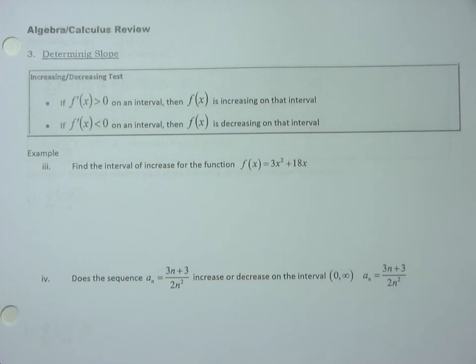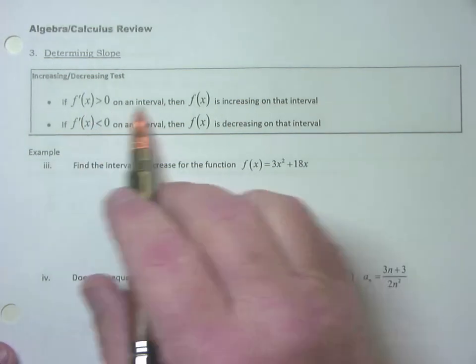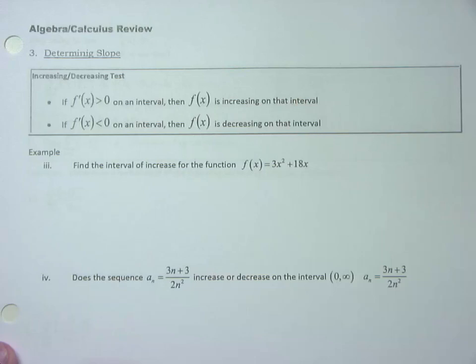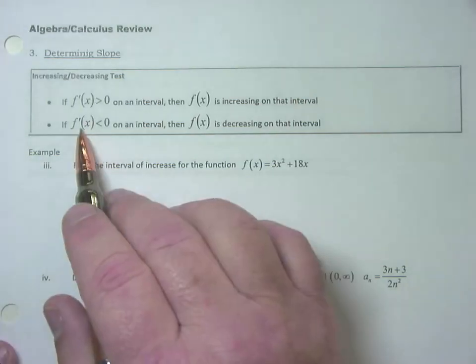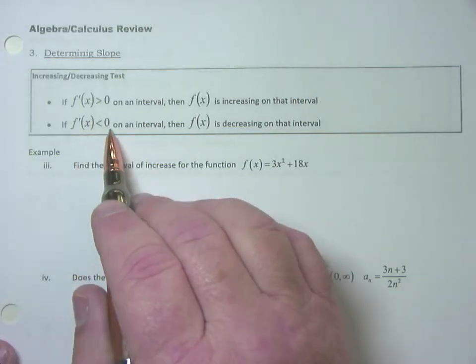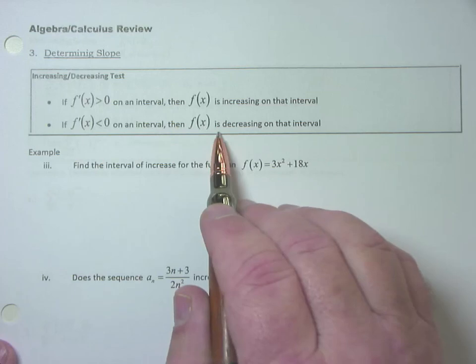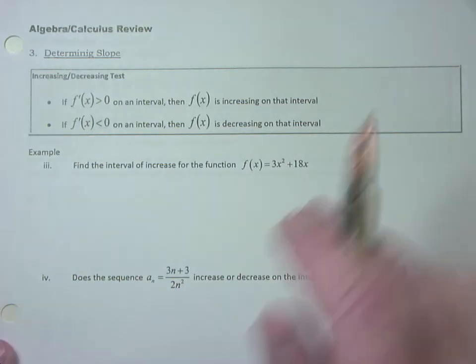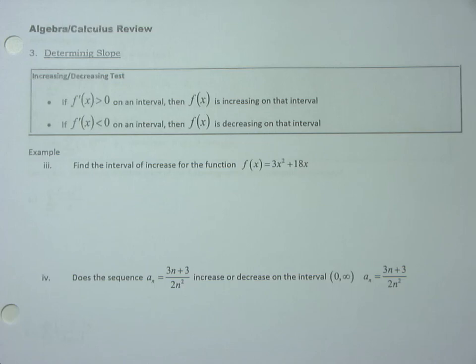You take the derivative of it, and if the derivative is positive, it goes up, it's increasing. When the first derivative is negative, it goes down, it's decreasing. So, if the first derivative is greater than 0 on an interval, f of x is increasing on that interval, and if f prime of x is less than 0, then f of x is going to be decreasing on that interval. Again, back to calculus 1 at its best.